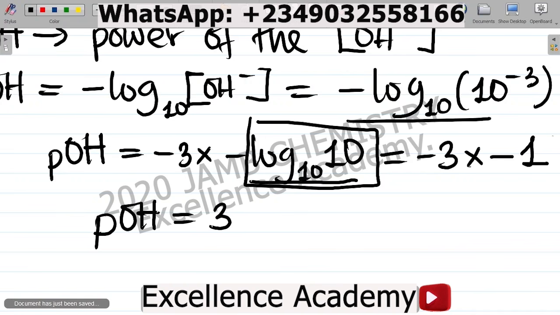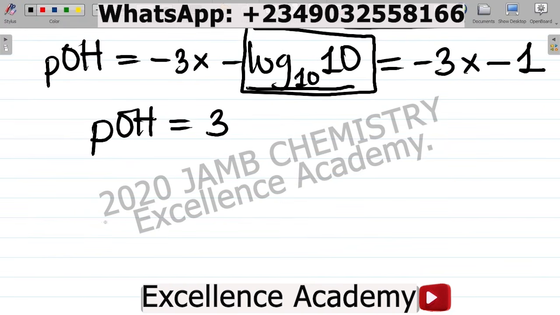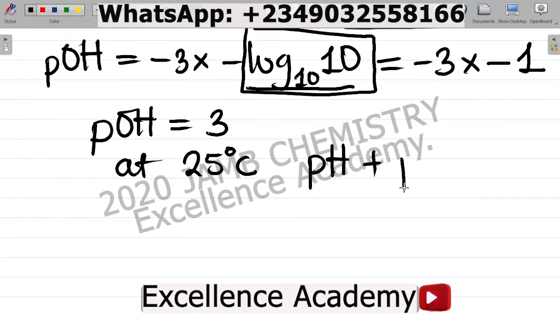Now, at this point, your final task is to note something. At 25 degrees Celsius, the pH plus pOH, if you combine them, we have 14. This is constant at 25 degrees Celsius.